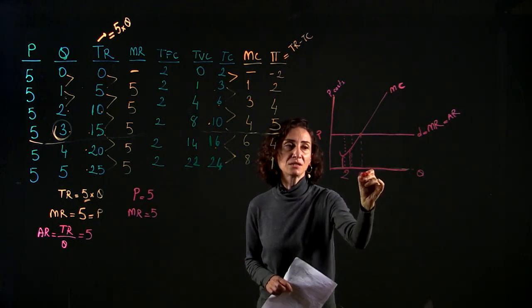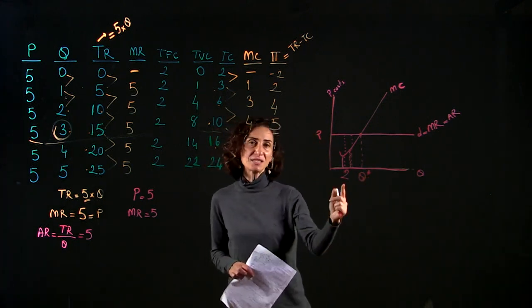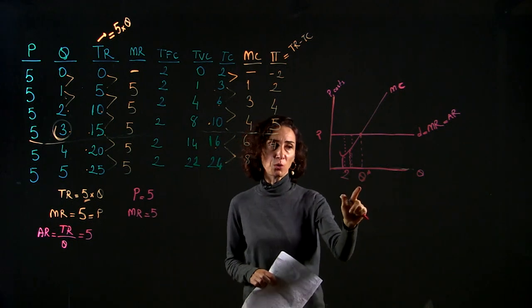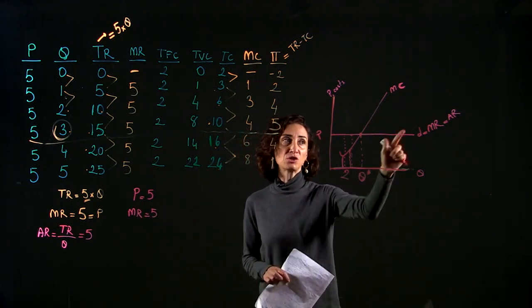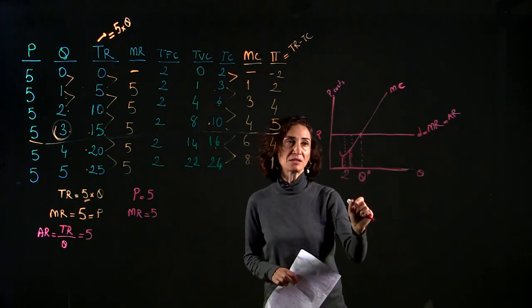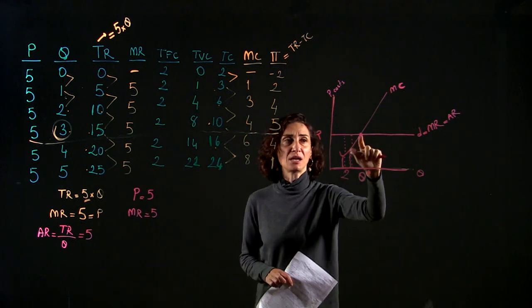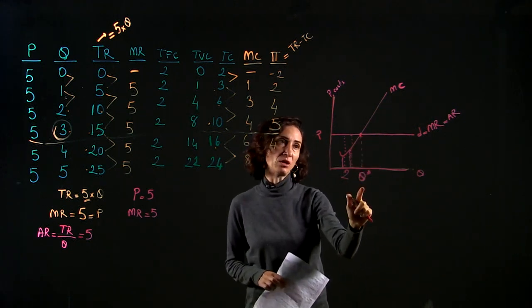Okay, what is this Q star? Profit maximizing quantity. This is how we find and show profit maximizing quantity on a graph with marginal revenue curve and marginal cost curve. You find the point that marginal revenue intersects marginal cost. And you say, this is our profit maximizing quantity.